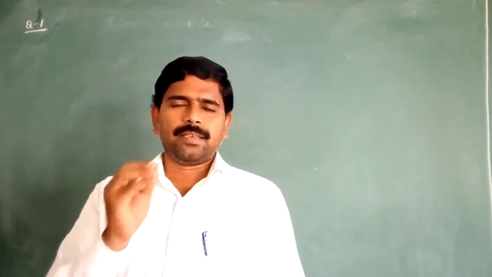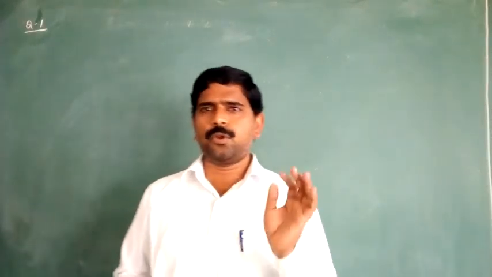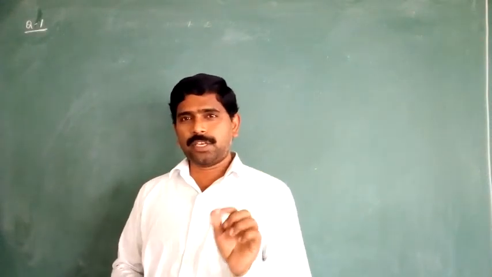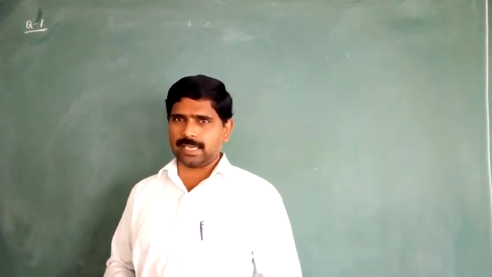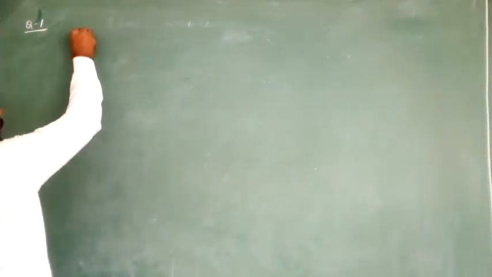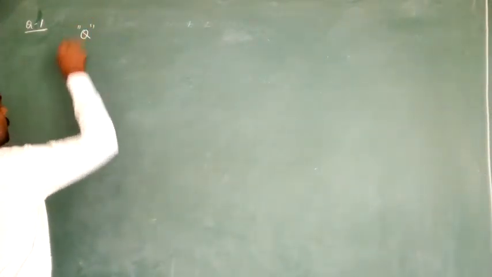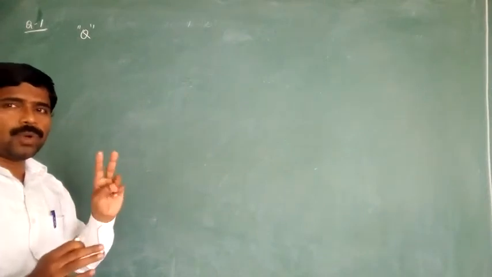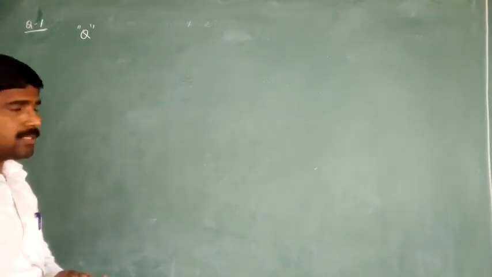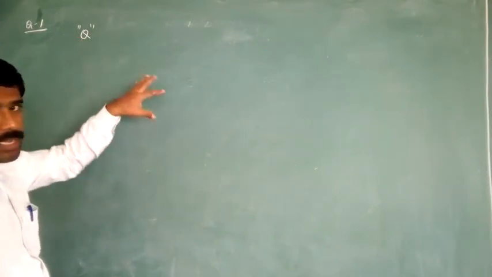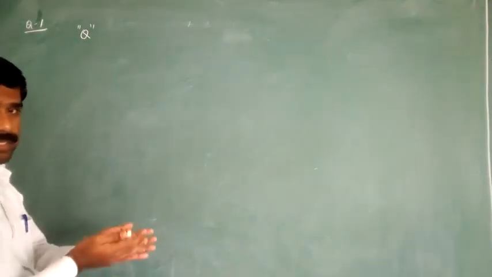Right now we are solving one numerical based on the previous topic, that is the electric potential due to the charged spherical shell. Here capital Q is the charge. This charge is distributed over two concentric spherical shells.